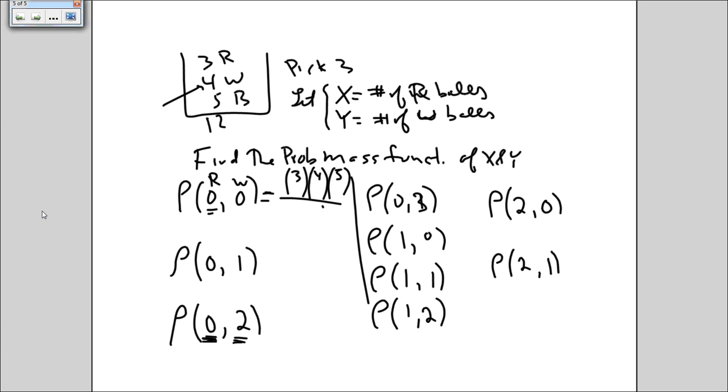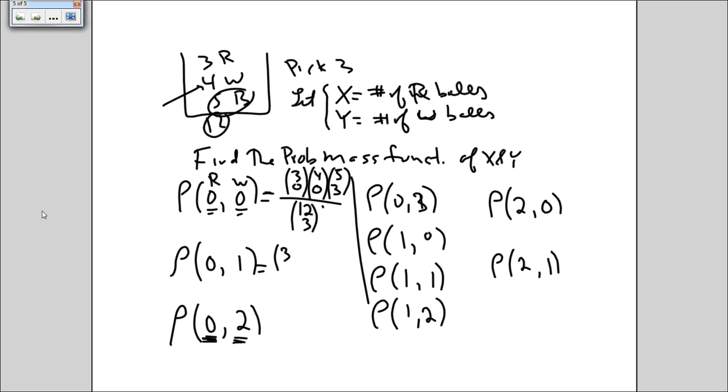We're not picking any red. We're not picking any whites. So far, we picked no balls. So we have to pick 3 from the blue. And from the 12 balls in total, we are going to pick 3. Let's do this one.